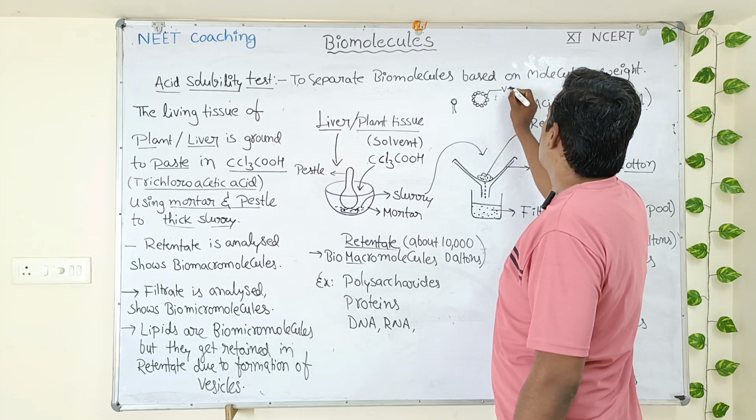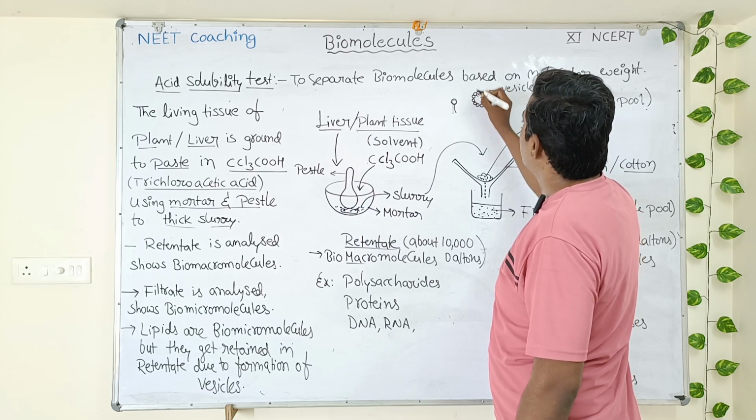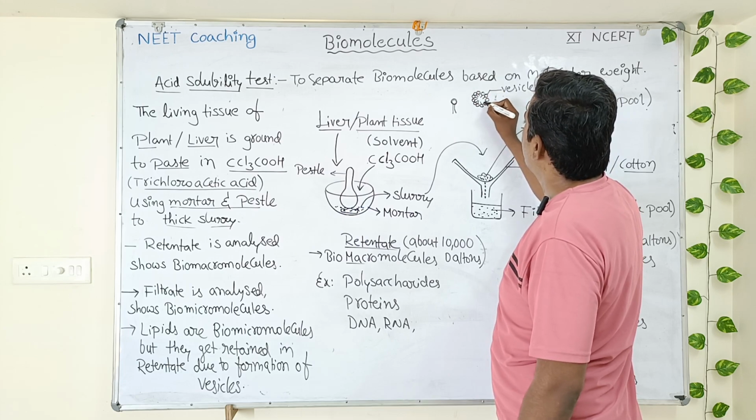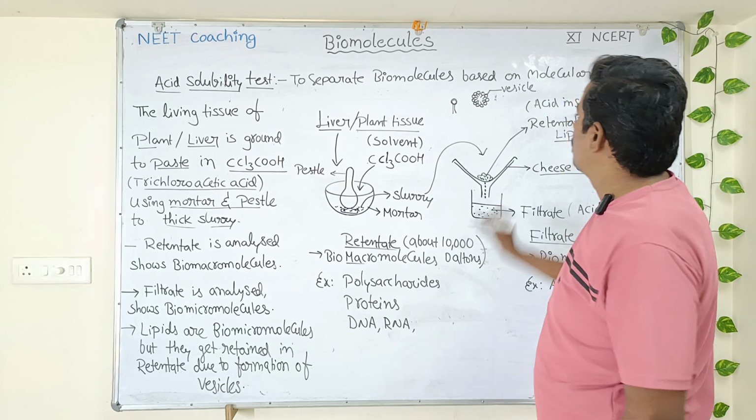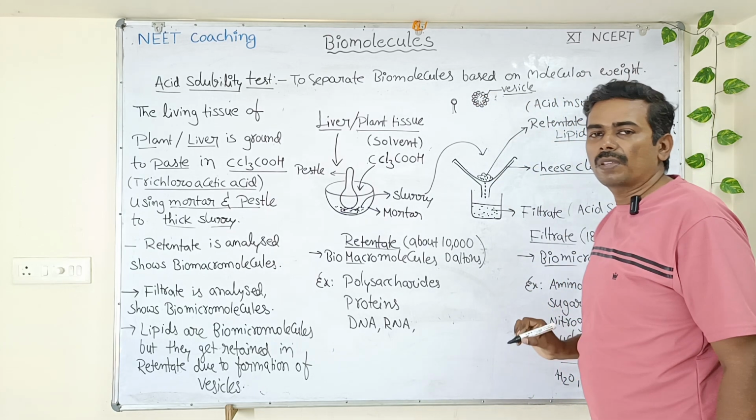What is this structure called? Vesicle. So in a vesicle, the heads will be facing out and the tails will be inside. So this type of vesicle structure will be formed in the trichloroacetic acid.